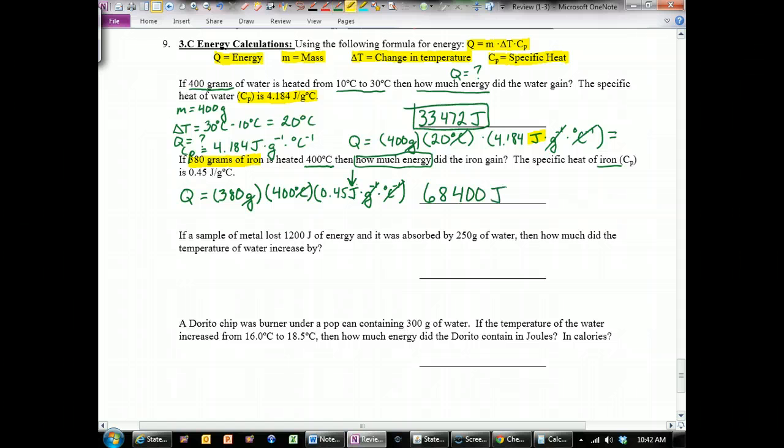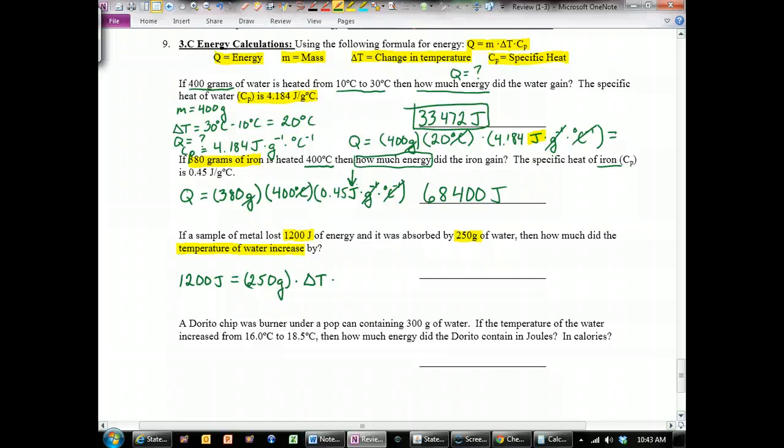In the next problem, we are given joules, which is Q this time, and we're given mass. What we're trying to solve for is delta T, how much the temperature of water increased by. So when we plug this in, Q is 1200 joules, and we have the mass, which is 250 grams, but we don't have delta T. So that's going to be the variable that we solve for.